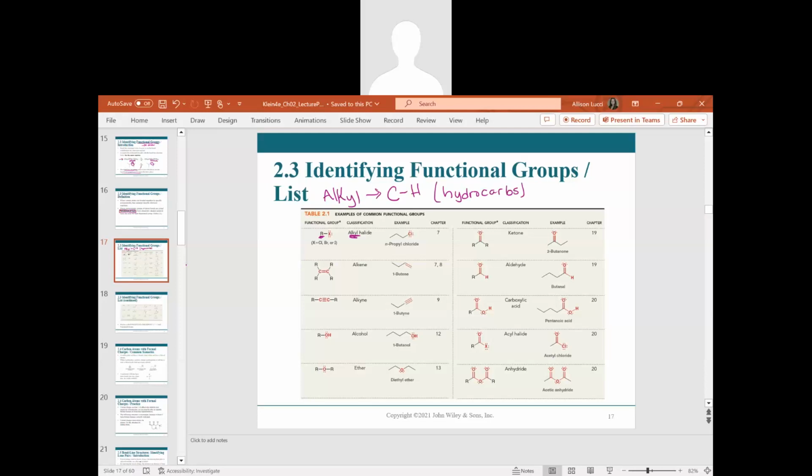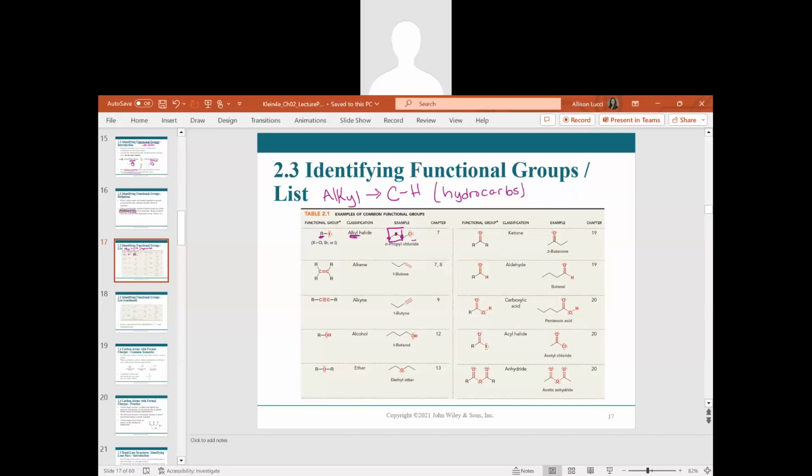These R groups are representative of these alkyl groups. In this case, the R group is a propyl group, and we have a chlorine atom here. So this alkyl halide specifically would be propyl chloride.